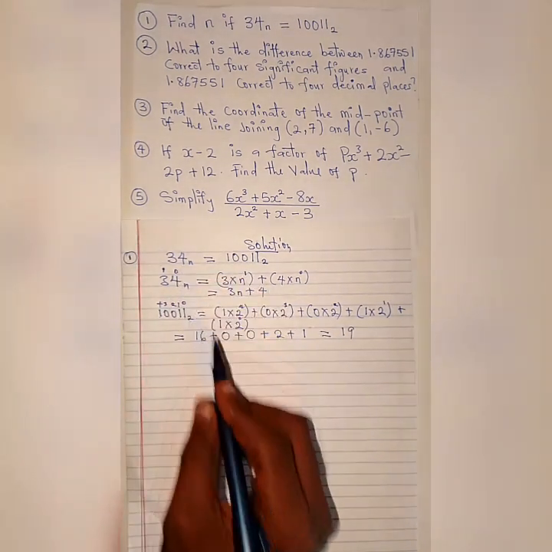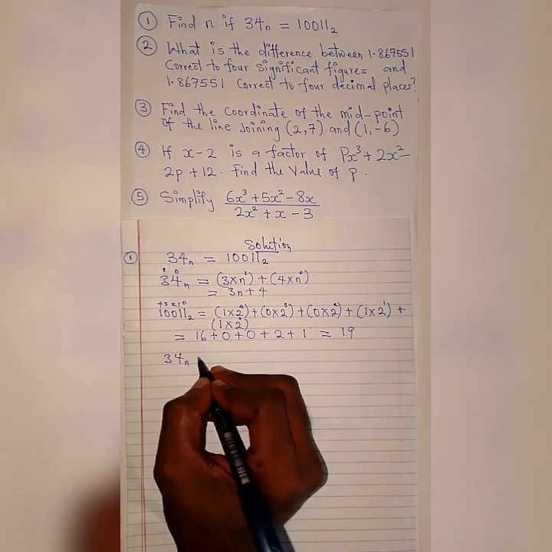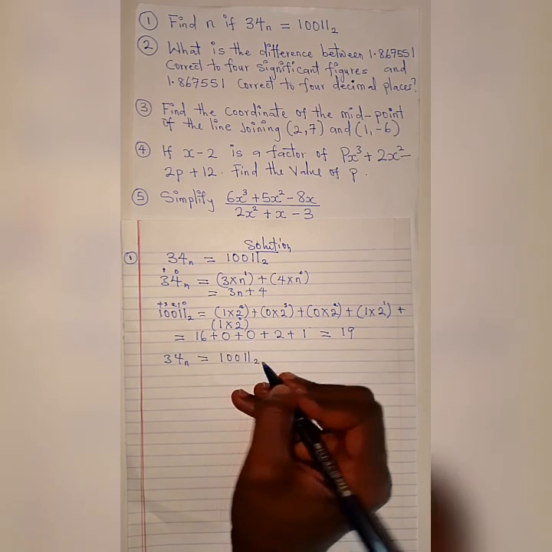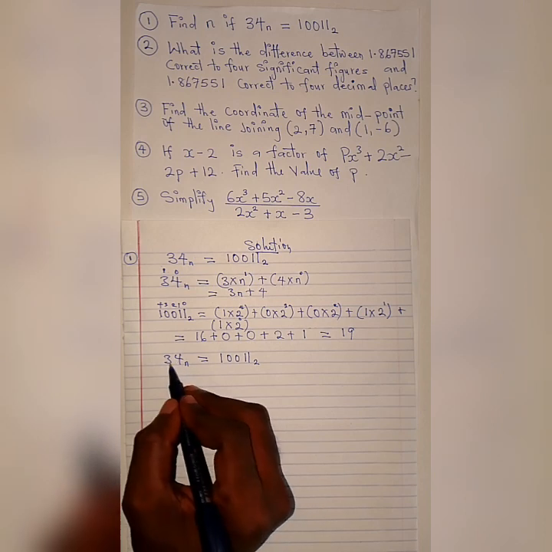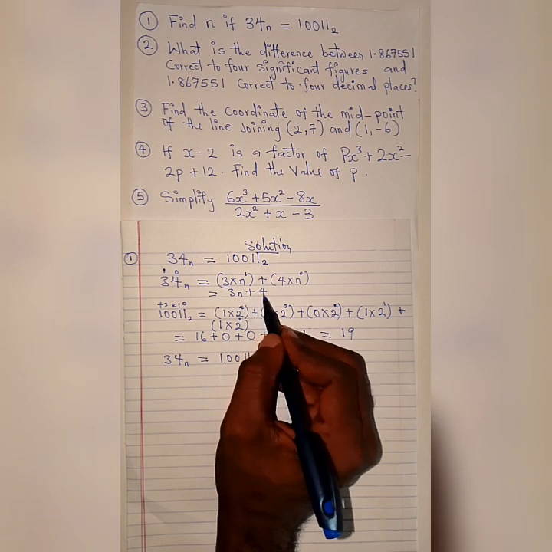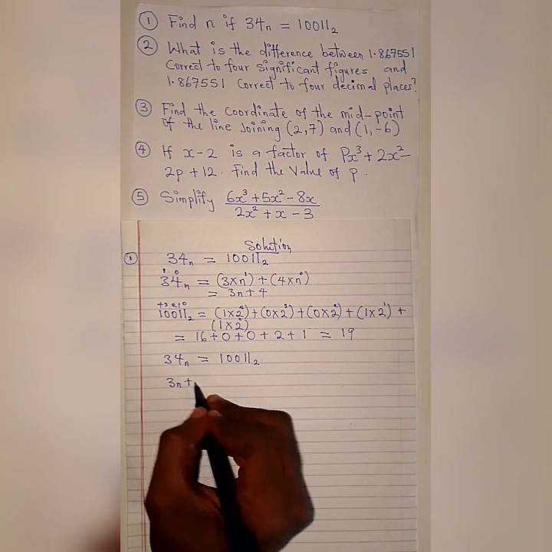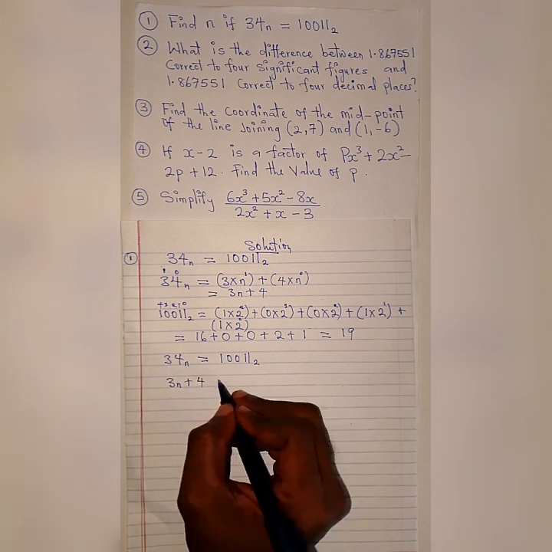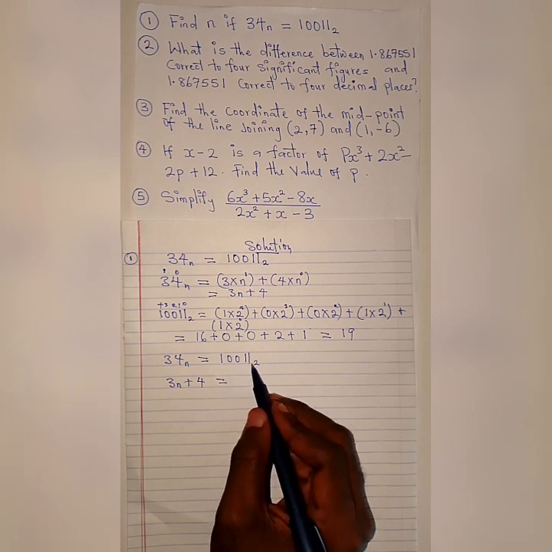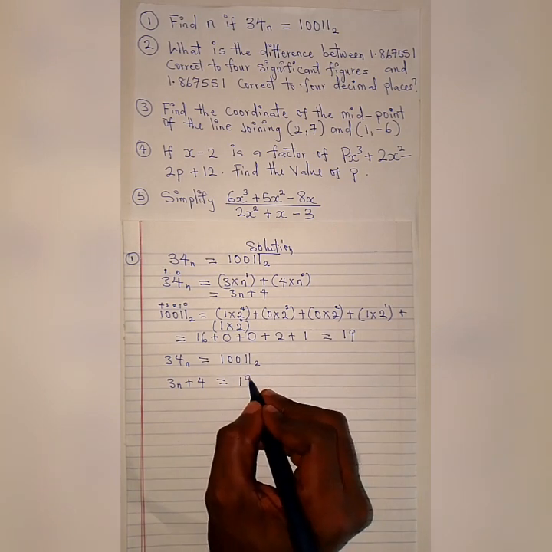So we can therefore say that 34 base n, which is equal to 10011 base 2. After converting 34 base n to base 10, we got 3n plus 4, and after converting 10011 base 2, we got 19. So 3n plus 4 is equal to 19.